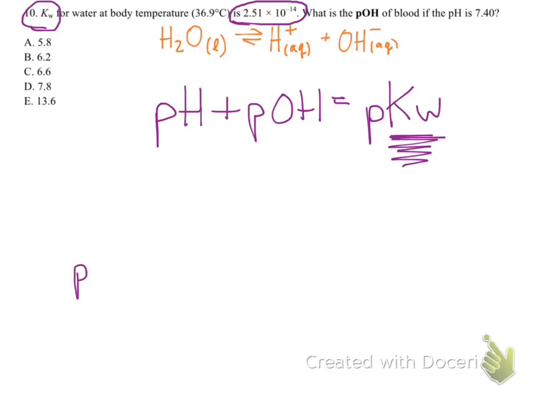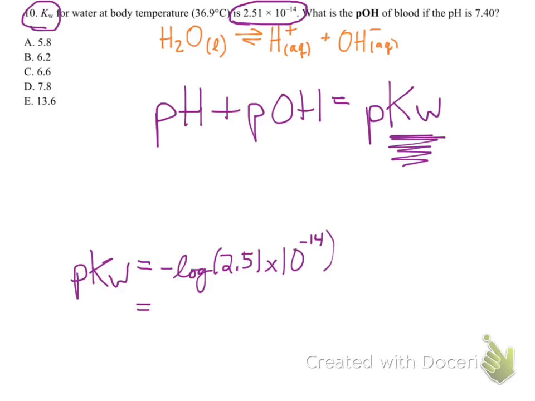So pKw at this temperature means the negative log base 10 of 2.51 times 10 to the negative 14th, which will end up equaling 13.6.